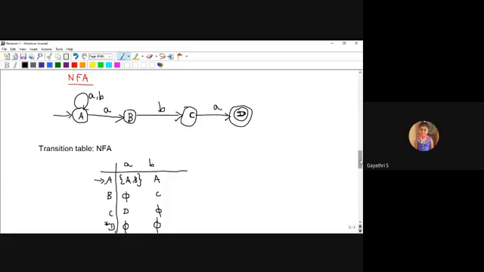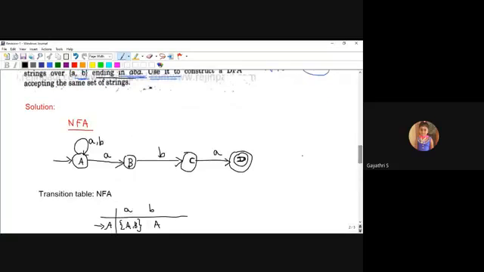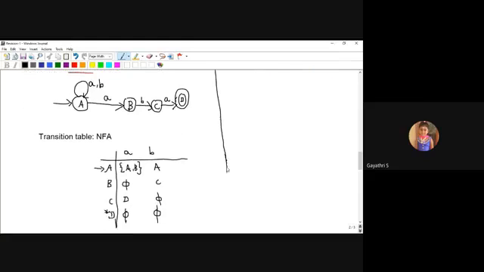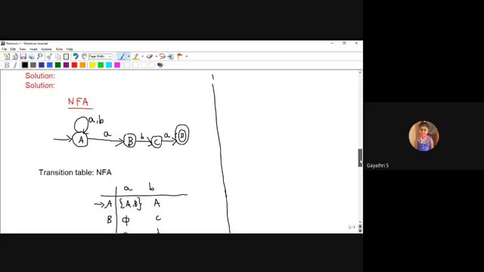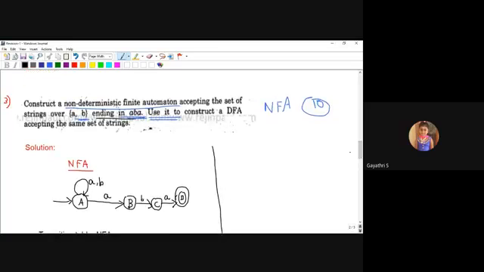So next, we have B. Next, step number 1, draw transition diagram for NFA. Step number 2, transition table. Step number 3, apply subset construction.